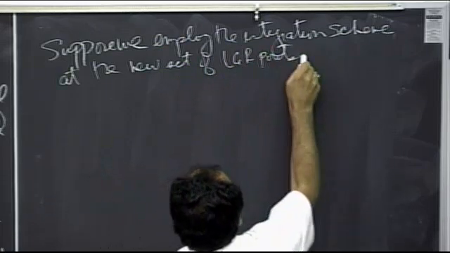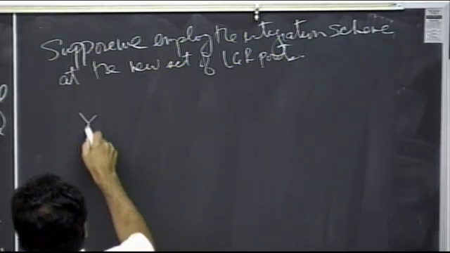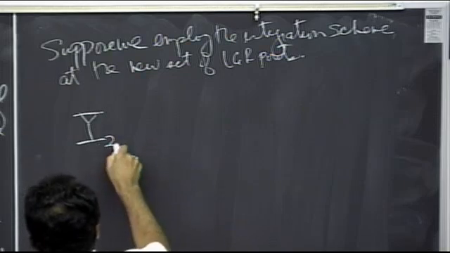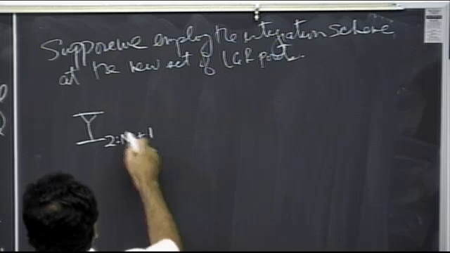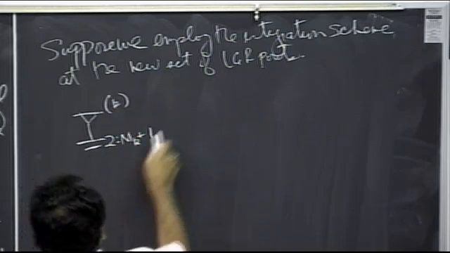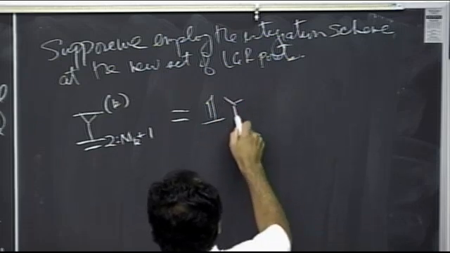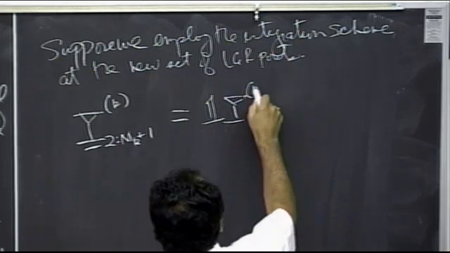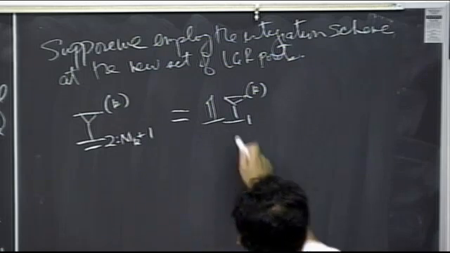Now, we've got to be a little careful here, okay? What we're going to get is y, which is going to be now from 2 to m sub k plus 1. That is going to equal 1 times y 1, which is the same thing as x 1 because it's the initial point, right? So they're the same.